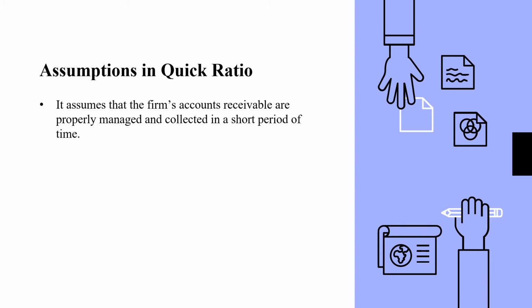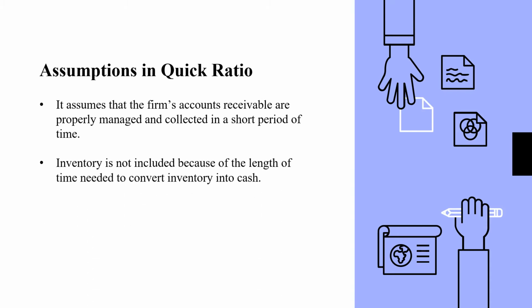So, there are times na mahihirapan sila makakolekta ng receivables. So, kung baga, hindi rin siya maituturing na the most liquid, hindi gaya ng cash. Okay? But here, in quick ratio, ang assumption natin, kaya kasama pa rin siya sa ating formula, is that receivables are properly managed and collected in a short period of time.